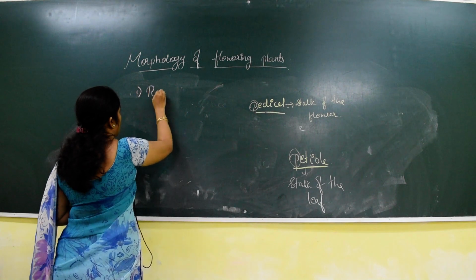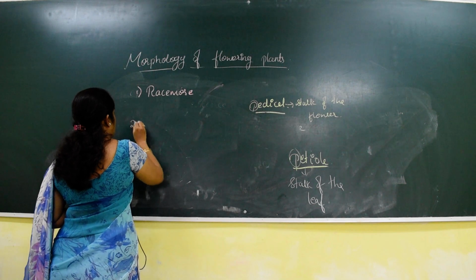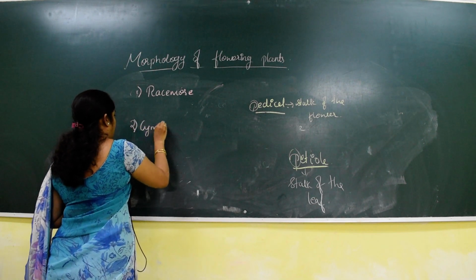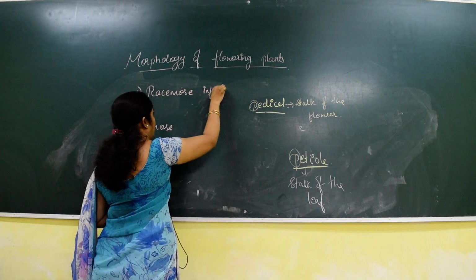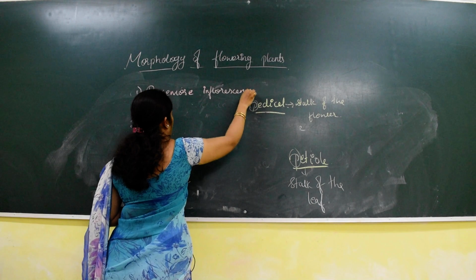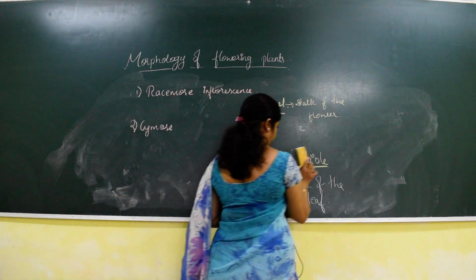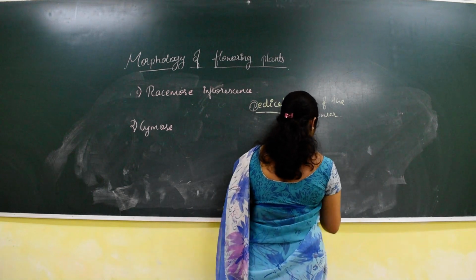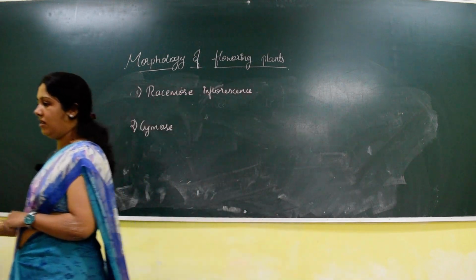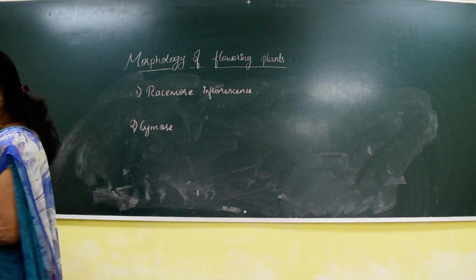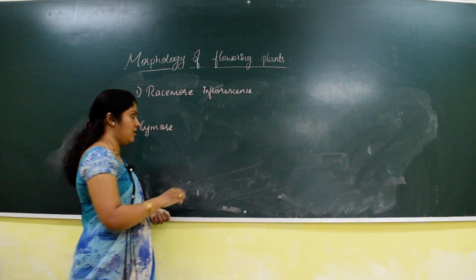One is the racemose type of inflorescence, and the other is the cymose type of inflorescence. So what are racemose and cymose? They are differentiated by the mode of arrangement of flowers.